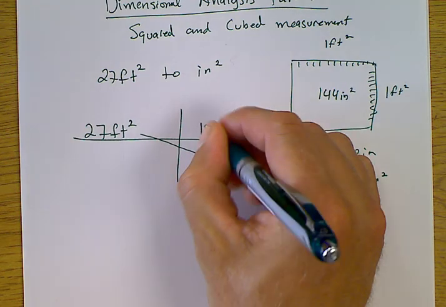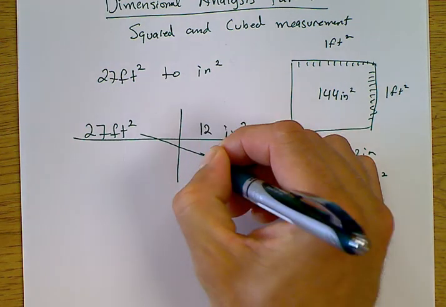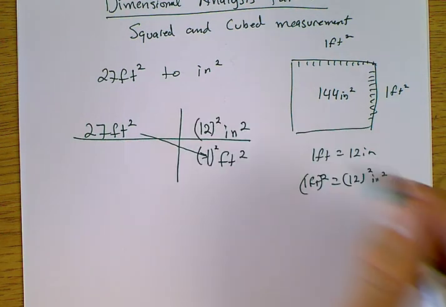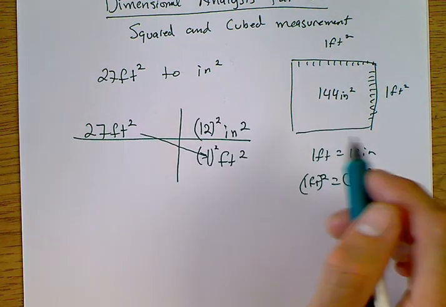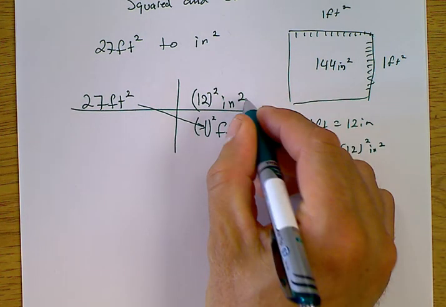I know there's 12 inches in a foot, okay? But since it's squared, I'm going to square my conversion units, okay? And then that's it. So whenever you have a squared unit like that, do your normal conversion units, just square them.